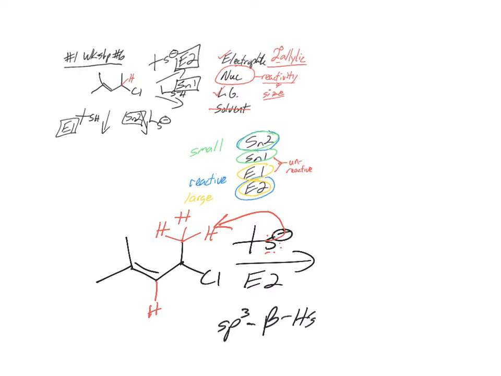So the first step, these beta hydrogens, you need to take that H, the sp3 beta hydrogen. That bond is going to break. 3 arrows. You eliminate the leaving group. You form a pi bond.